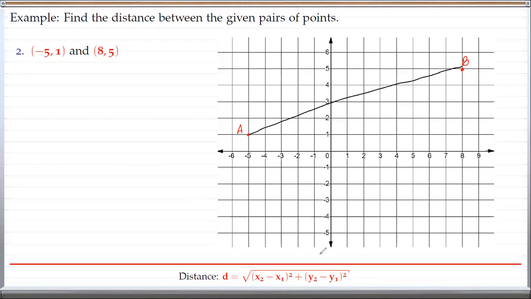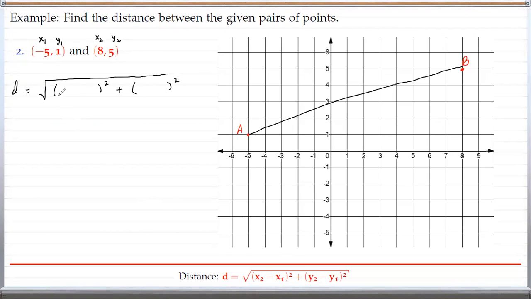So again, we can try to use this formula. So in this case, we can call this negative 5 to be x1 and 1 to be y1. And we can call these 2 values to be x2, y2. So now we are ready to apply the formula. So using this formula, we have the format square root of a quantity squared, this part is squared, plus another quantity squared.